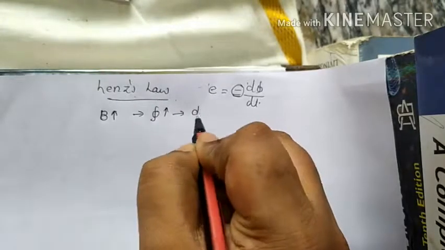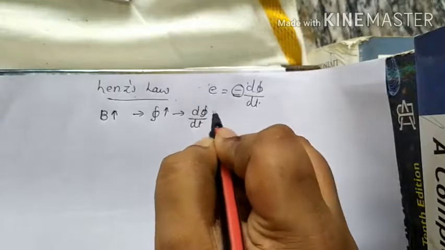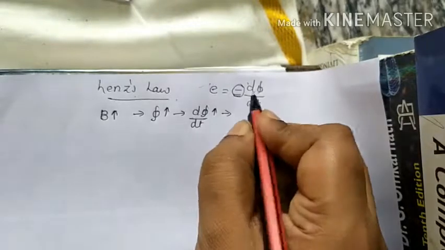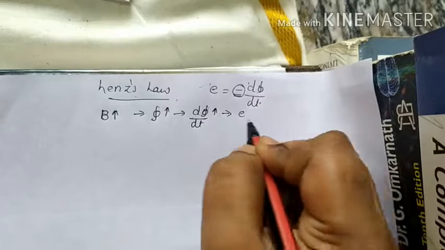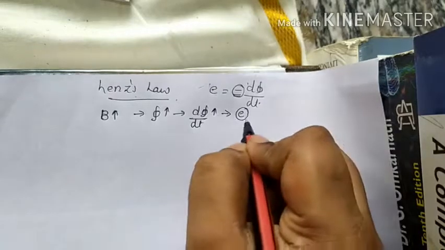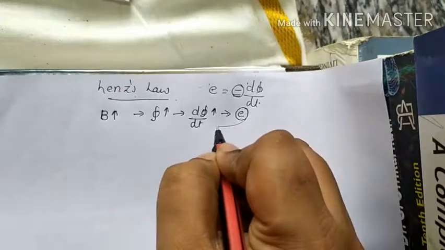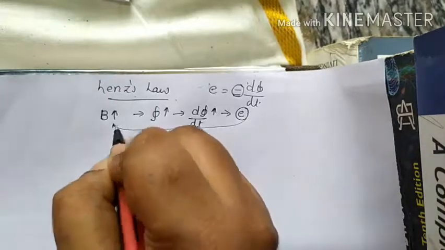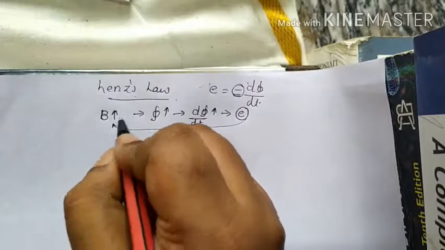When the rate of change of flux changes, an EMF is produced. Now this EMF is such that its direction is opposite to the cause producing it. What is the cause producing it? The change in magnetic field.